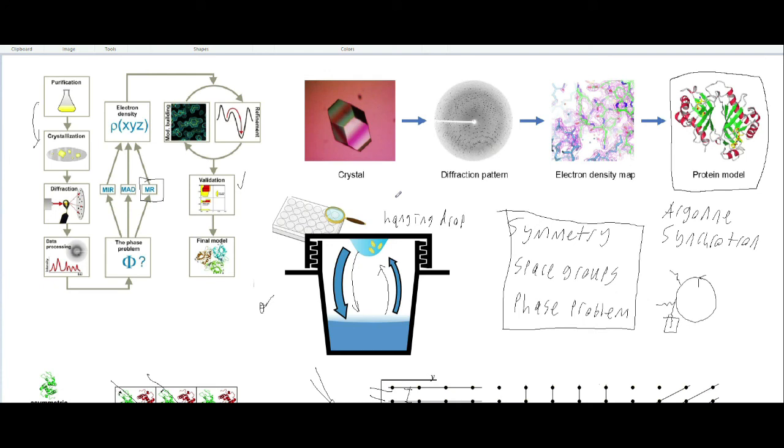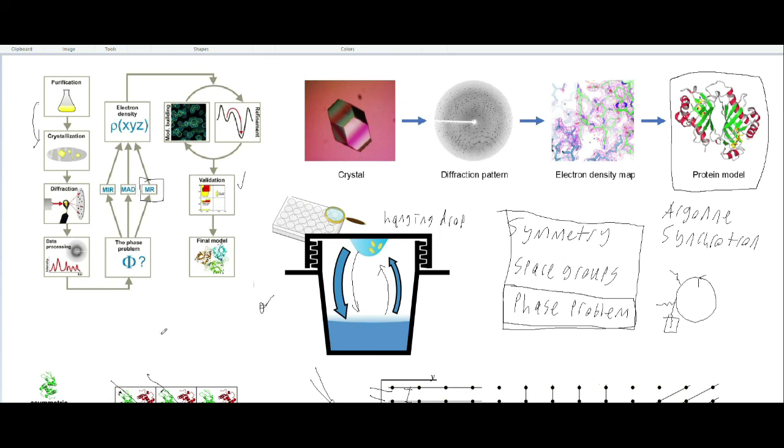Cryo-EM is starting to become much more popular, and a lot more desirable. Like I said, because you don't have to deal with a lot of this stuff, particularly the phase problem. If you don't have structures already available for doing molecular replacement, which is sort of the easy way of doing it, you have to have phase data from already obtained structures that are similar to the one you are working on.